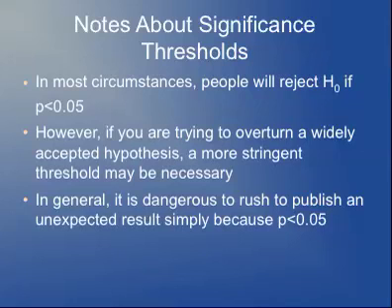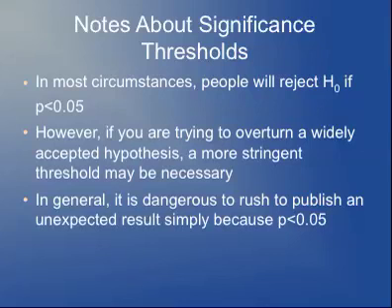If it's something such as showing that vitamin C is beneficial for health, it won't cause any harm if people start taking vitamin C. So if you have a p-value of 0.049, you might publish it because it's statistically significant at alpha equals 0.05.